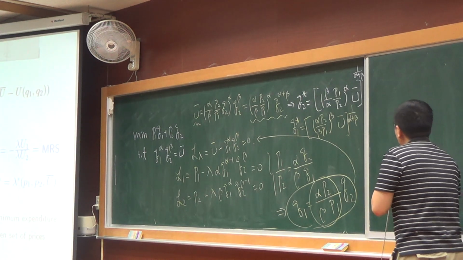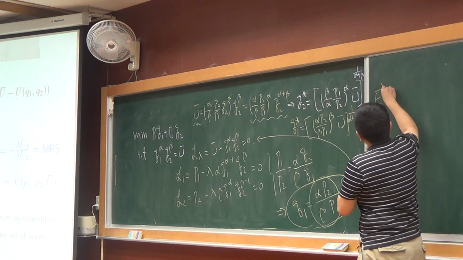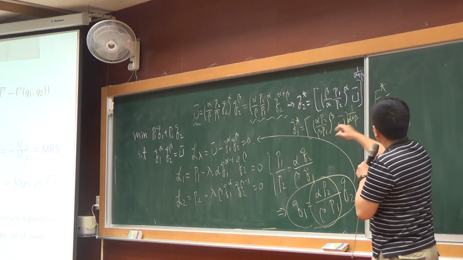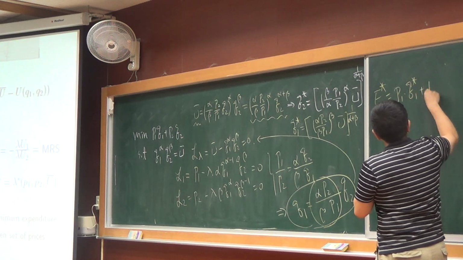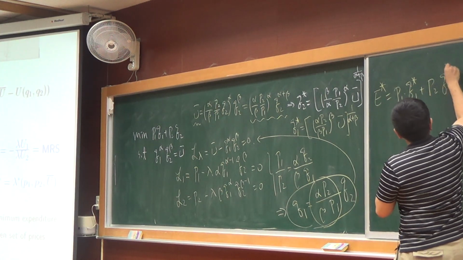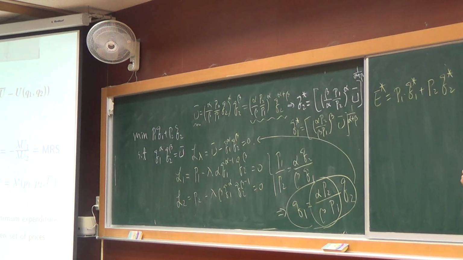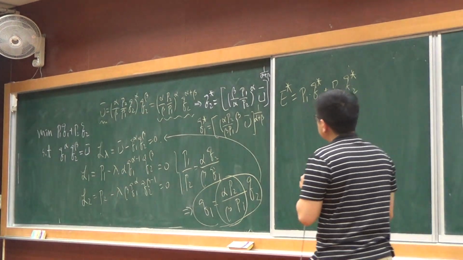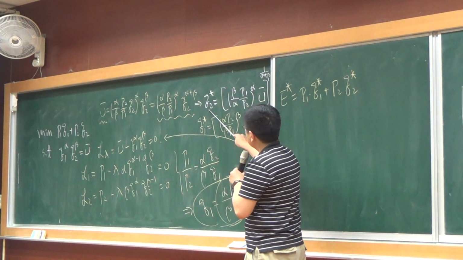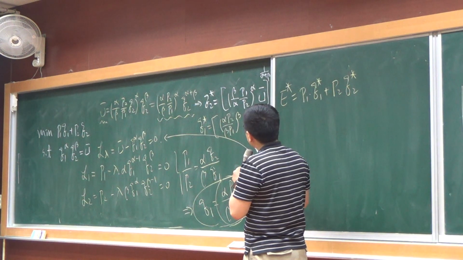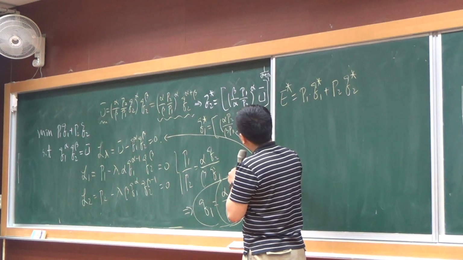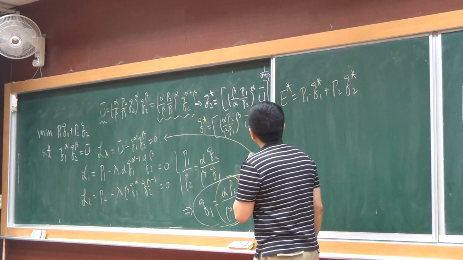And what about the optimal expenditure? It would be P1 Q1 star plus P2 Q2 star. You see Q1 star and Q2 star are both functions of U bar, P1, P2.